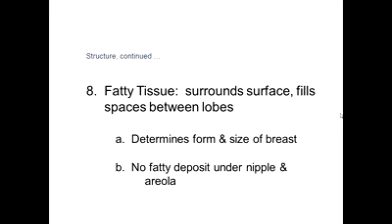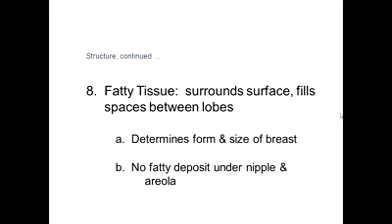Fatty tissue surrounds the surface and fills the spaces between the lobes. This fatty or adipose tissue determines the form and shape of the breast, and it fills the spaces between the lobes and lobules and surrounds the surfaces.